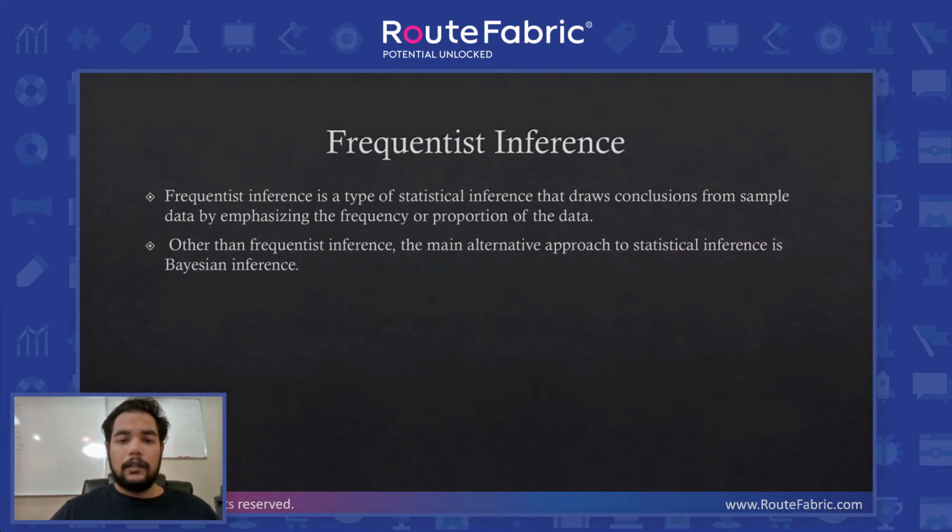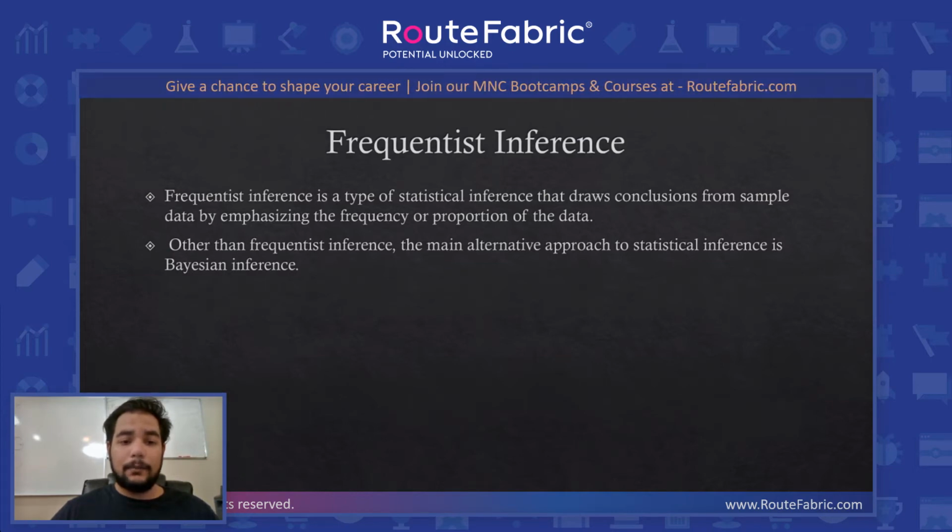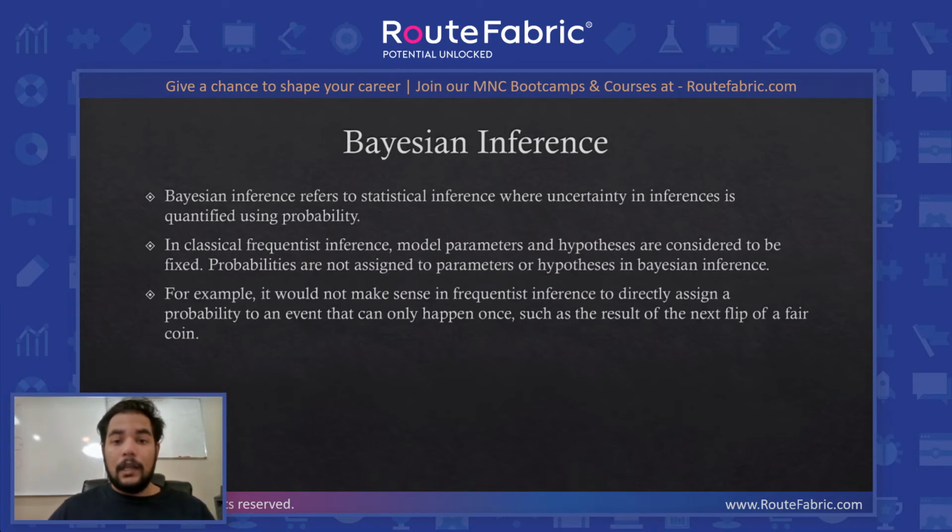Now let us look at frequentist inference. Frequentist inference is a type of statistical inference that draws conclusions from sample data by emphasizing the frequency or proportion of the data. Now let us look at what Bayesian inference is. Bayesian inference refers to statistical inference where uncertainty in inferences is quantified using probability.